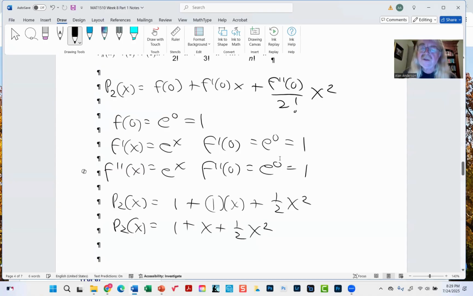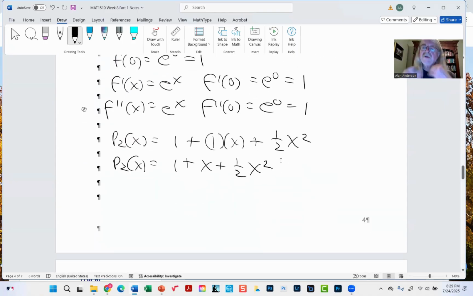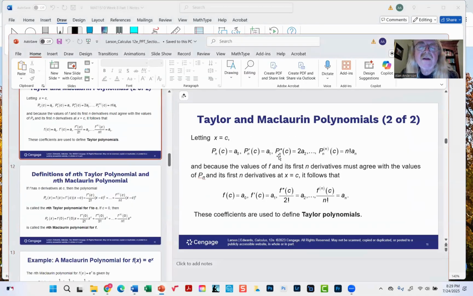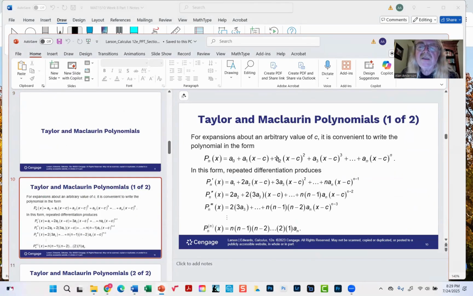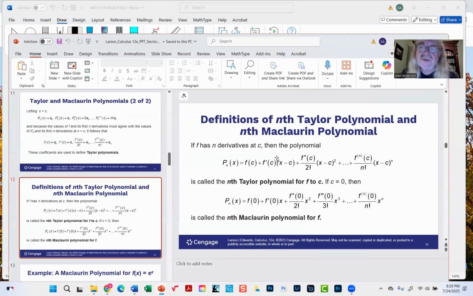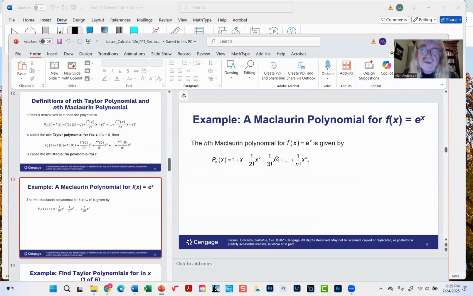Now, if you notice, just a little while ago, when we were trying to approximate e to the x, without us being aware of it, what we were actually doing, because they chose to expand it at 0, was creating a Maclaurin polynomial of degree 1.